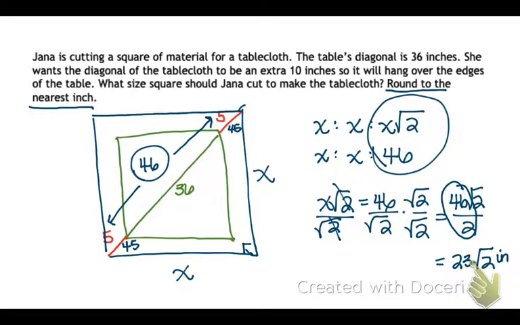So I'm just going to take my calculator here, because radical 2 is an irrational number, meaning we can't actually measure it exactly, so we're going to have to approximate, and it's going to be 32.5 inches as our final answer.